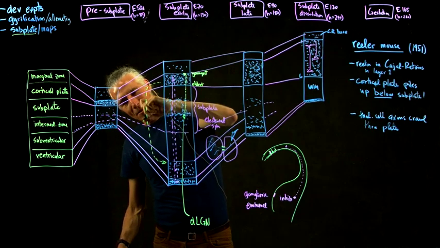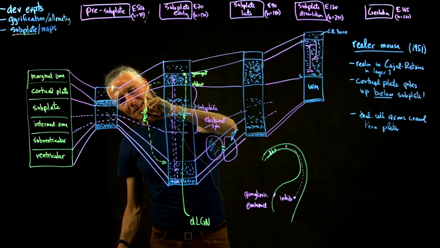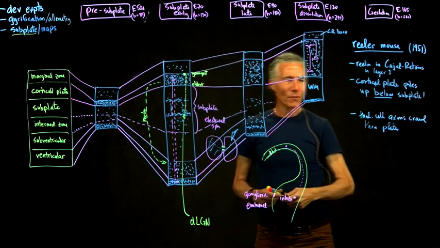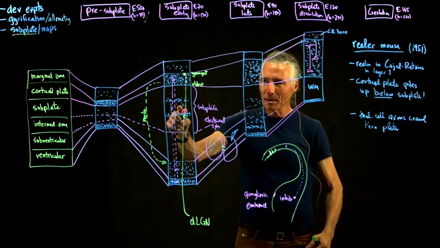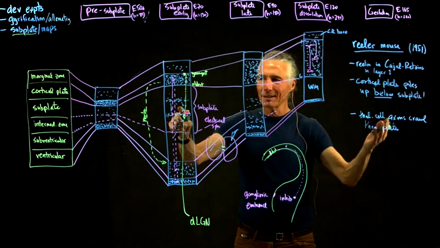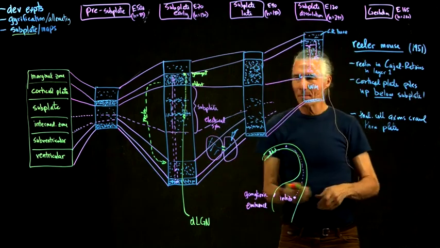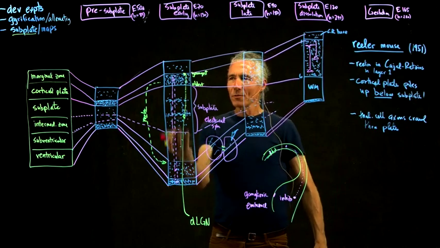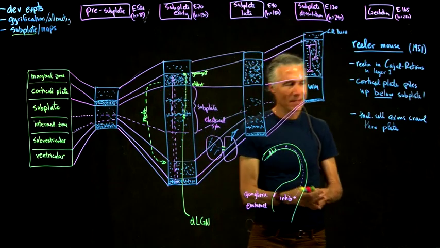So this is reeler. So they actually crawl through the thing that they're going to eventually attach up to in order to get to the subplate, because they have to get to the subplate and talk to the guys in the subplate, connect up to them. So they crawl through the plate, and then once they've crawled through it, they then crawl back to connect up to the plate.